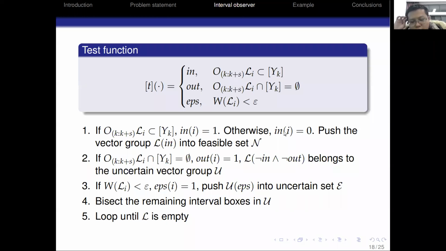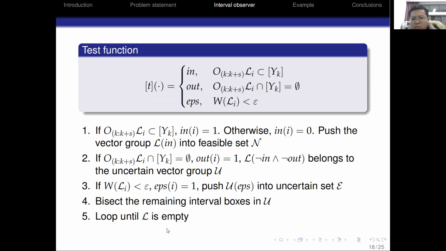We have some different feasible sets. The first one is N, the second one is the uncertain vector group, which we define as U, and the third one is the whole feasible set, which we define as L. The main purpose is to determine all the states in the feasible set L until L is empty.